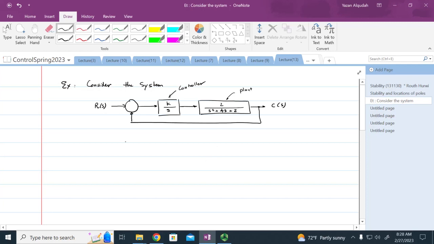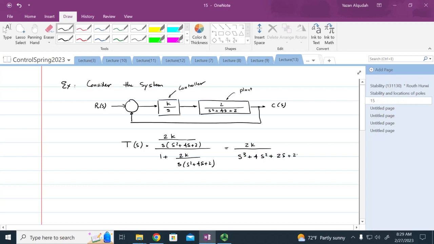So we're going to calculate the closed loop transfer function, T of s. It's going to equal 2 multiplied by k divided by s multiplied by s squared plus 4s plus 2, divided by 1 plus 2k divided by s multiplied by s squared plus 4s plus 2, which is going to equal 2k divided by s cubed plus 4s squared plus 2s plus 2k.